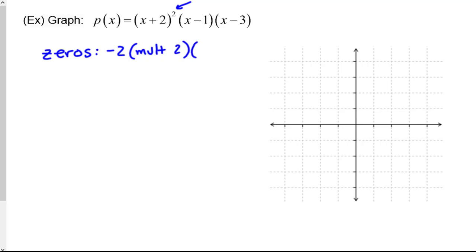And then positive 1 and positive 3 are also zeros. So negative 2, positive 1, and positive 3. So there's a total of 4 zeros.